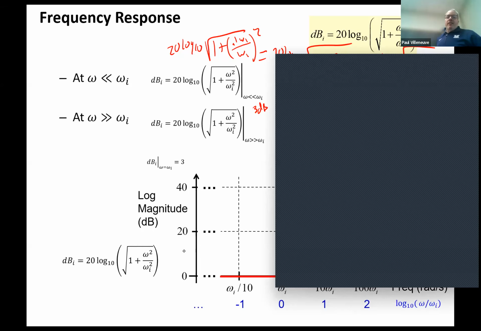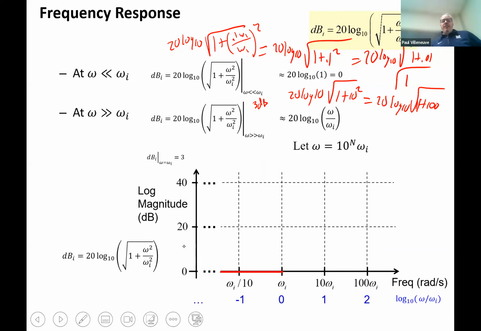So if I'm a tenth of the break frequency or less, I'm going to say that contributes 0. And if I'm a factor of 10 higher than my break frequency, then I'm going to say I'm getting a lot of contribution. And at my break frequency, it's going to be the 3 dB point.